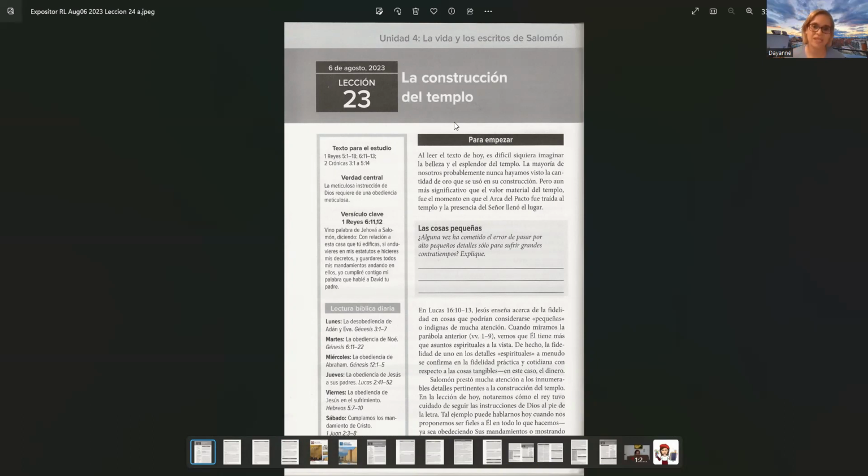So they'll start here, and the title here, of course, is La Construcción del Templo, texto para el estudio, la verdad central, versículo clave y la lectura diaria, de lunes a sábado.